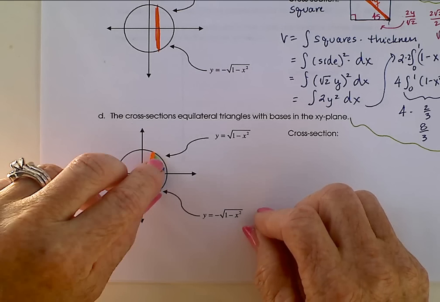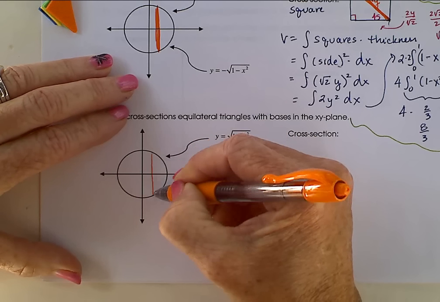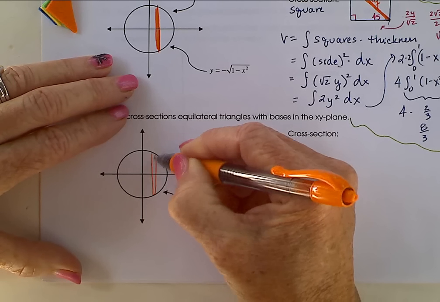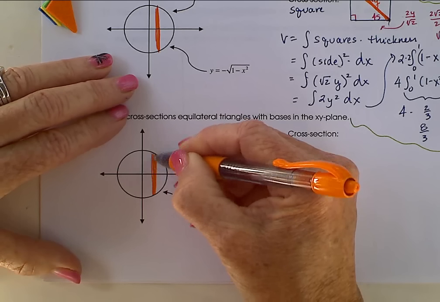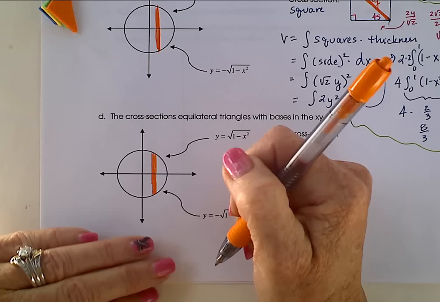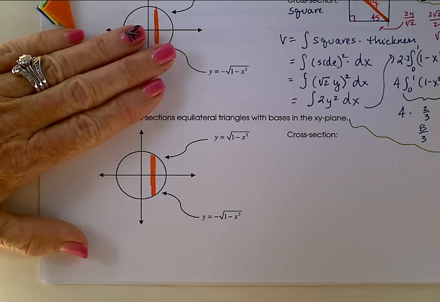Standing up this way, so cross section here, cross section is an equilateral triangle.